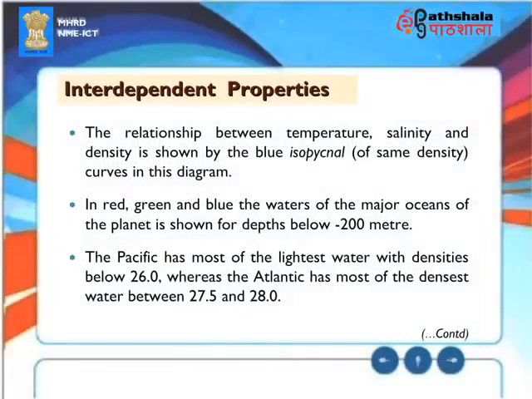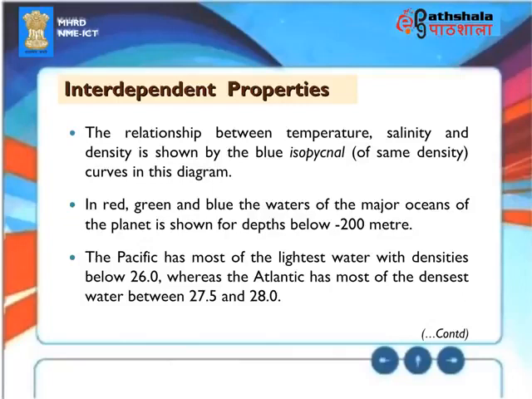Interdependent properties. The relationship between temperature, salinity, and density is shown by the blue isopycnal, or same density, curves in this diagram. In red, green, and blue, the waters of the major oceans of the planet are shown for depths below 200 meters.